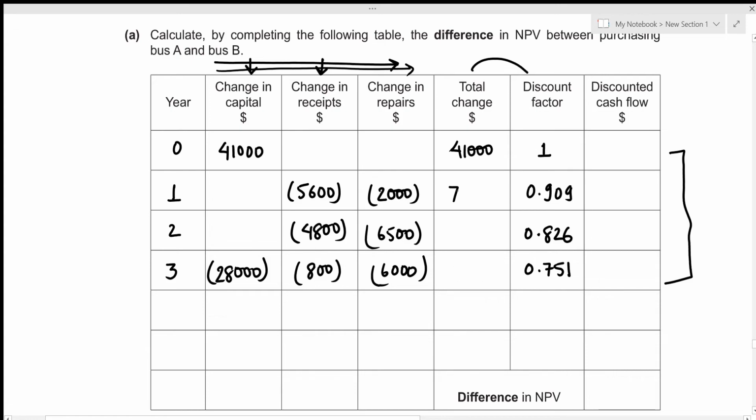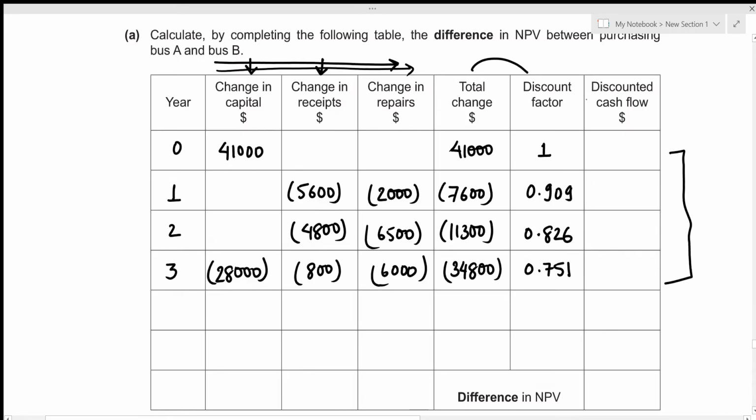Let's write it down. For the second year, that's negative 4,800 plus negative 6,500, which results in a negative value again, which is 11,300. Then for the final year, we have three negative values, so that's negative 28,000, negative 800, and negative 6,000, which results in a total of negative 34,800.